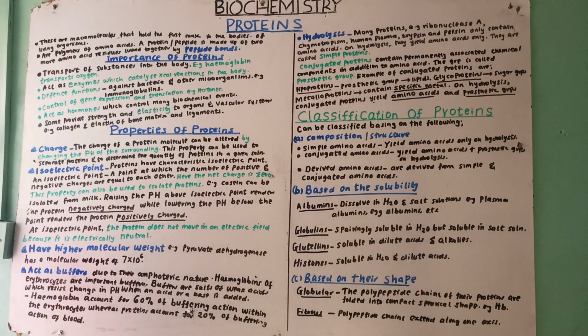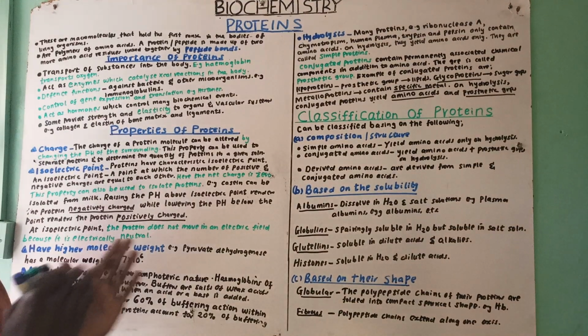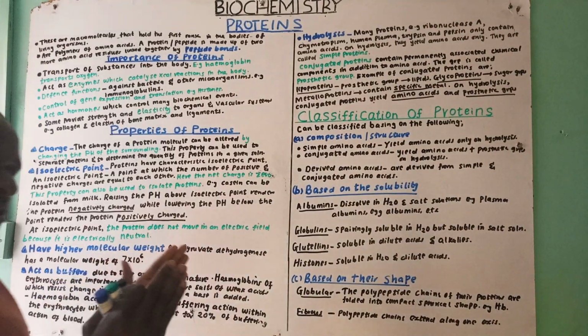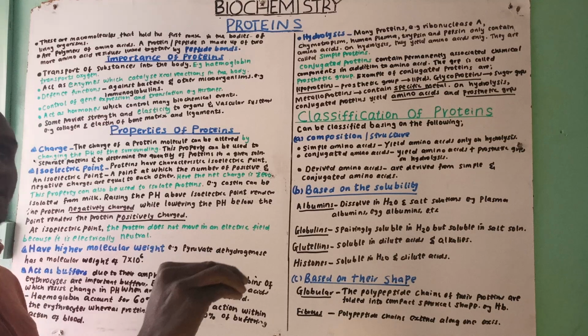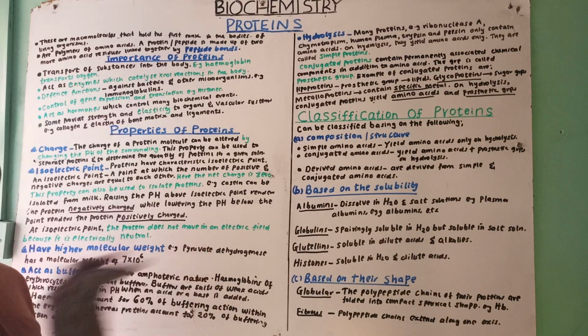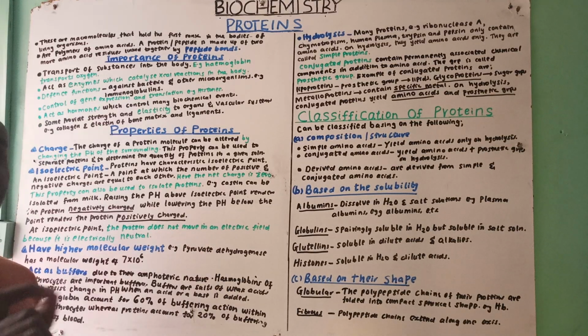Then another property is hydrolysis. So we know that proteins are polymers of amino acids. If it's a polymer, when it undergoes hydrolysis, we expect it to yield its constituents. So on hydrolysis, proteins normally yield amino acids.